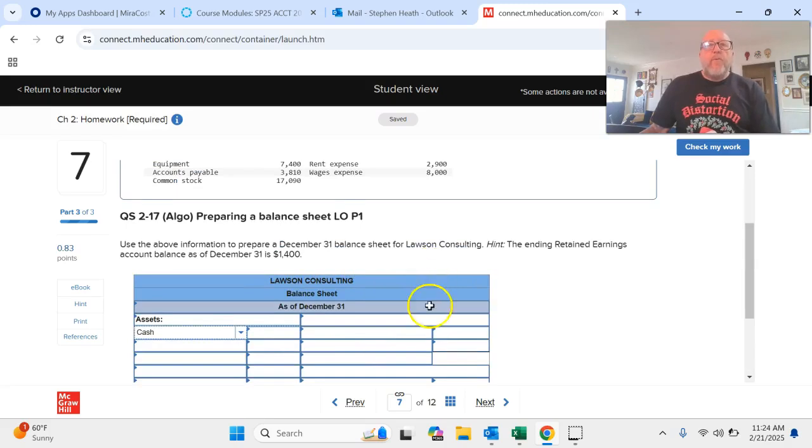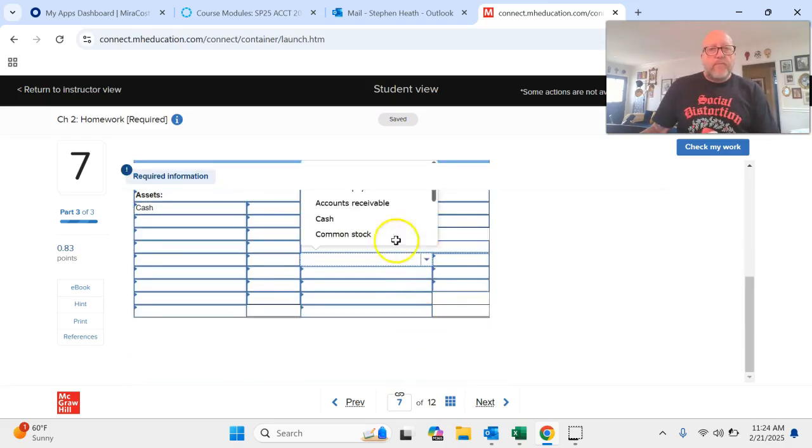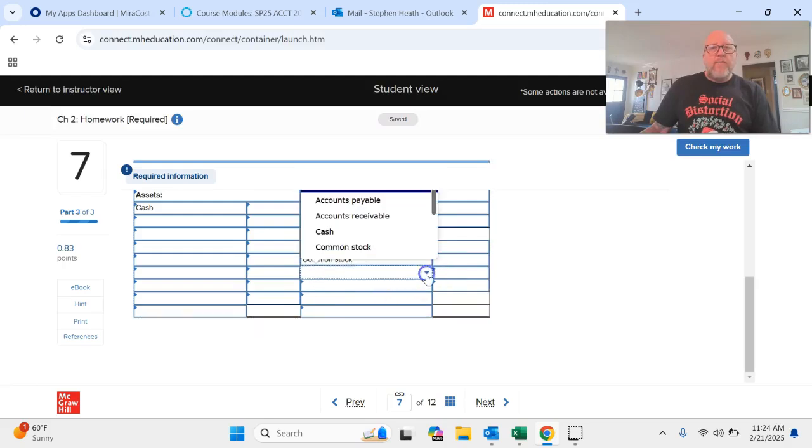The one thing I do want to point out is that when we get to our equity, where would my equity be? Sorry, here it is. Equity. I have two components of equity. I have common stock and I have retained earnings.